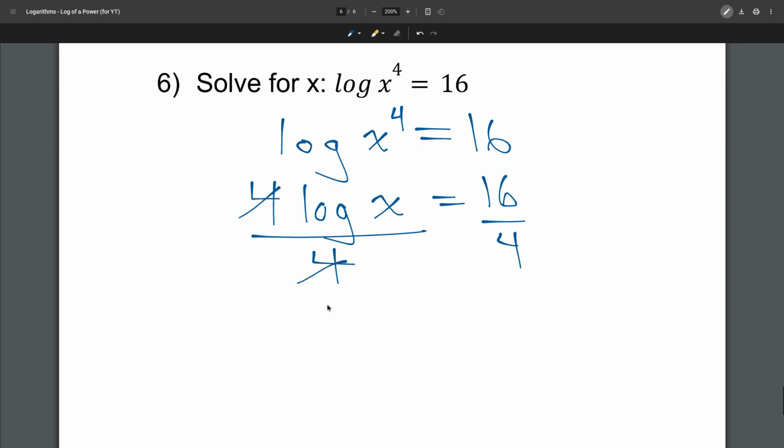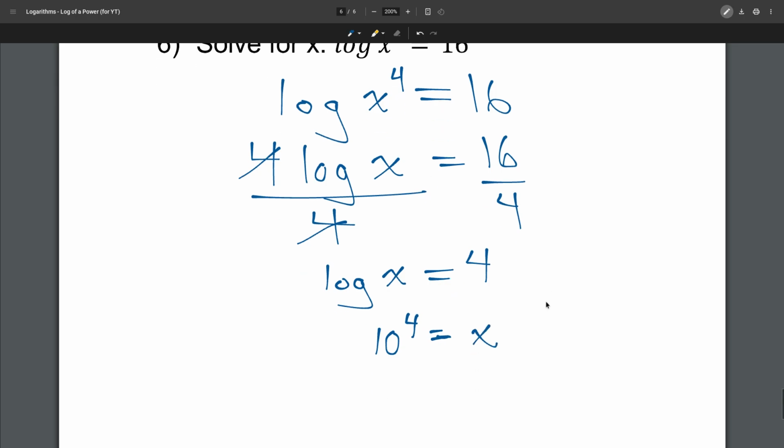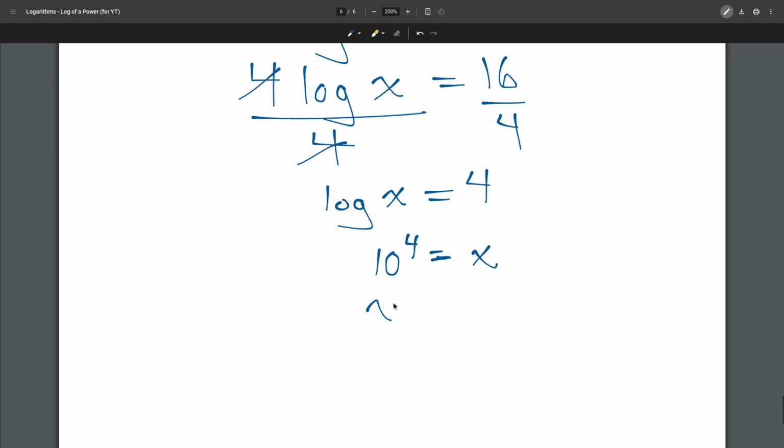These will cancel, and you get log of x equals 4. Now remember, this is base 10, so we can rewrite this as an exponential equation as 10 to the 4th power equals x. So what is 10 to the 4th power? Well, that's a 1 with 4 zeros. So 1, 2, 3, 4. So x equals 10,000.